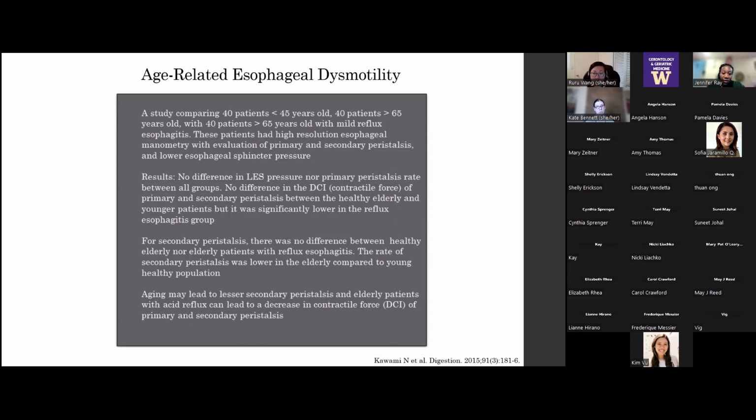In terms of secondary peristalsis, there was no difference between the healthy elderly and the elderly patients with reflux esophagitis, but they did find that the rate of secondary peristalsis was lower compared to the less than 45-year-old patients. So overall, they found that aging led to lesser secondary peristalsis, and that acid reflux was a main driver of elderly patients having decreased contractile force with primary and secondary peristalsis.